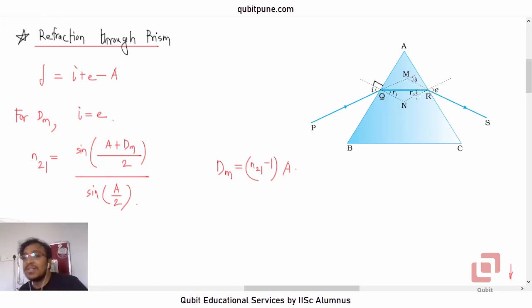But in lenses, the surfaces are curved, but for a prism, these faces are flat. The angle of emergence, this E here, is to be measured with reference to a normal to the surface AC of the prism. Correct? This angle A is called the angle of prism.